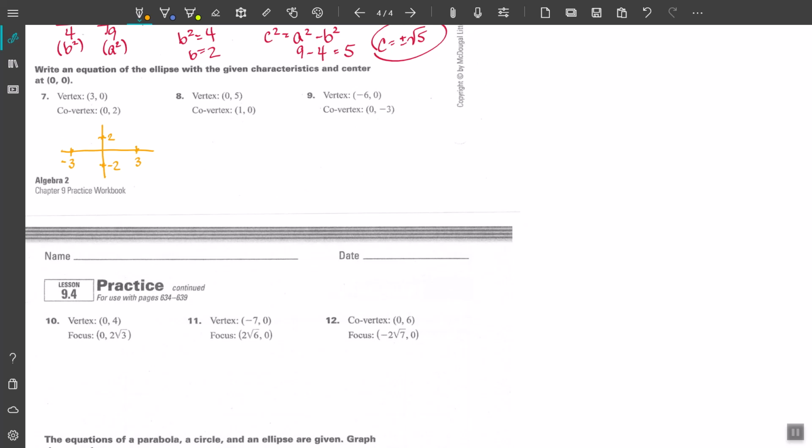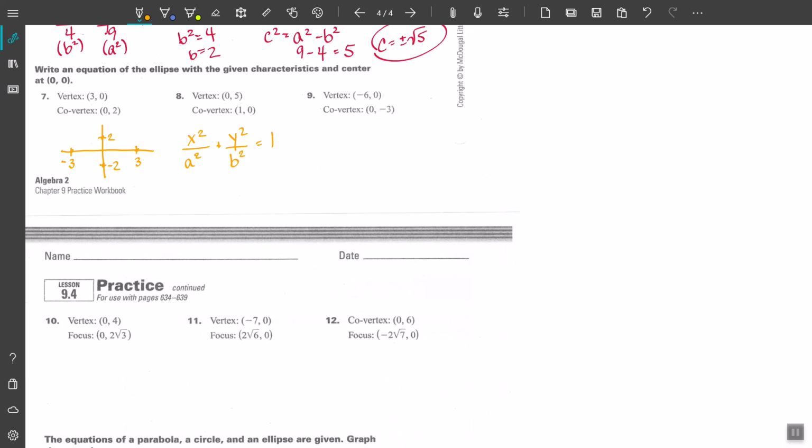If our major axis is running horizontal, then the a term is under our x squared. The a squared is always going to be the longer line, the major axis. It's going to be the denominator that's the largest, and our b squared will be under the y squared.